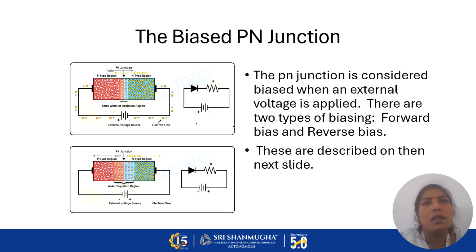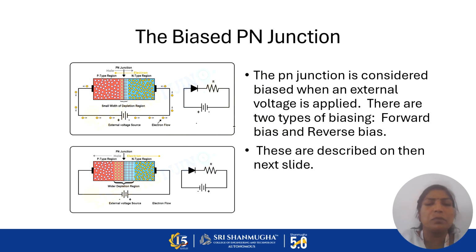So listen, forward bias is when the P-type material is connected to the positive terminal of the battery, and the N-type material is connected to the negative terminal of the battery. So this connection is forward bias.